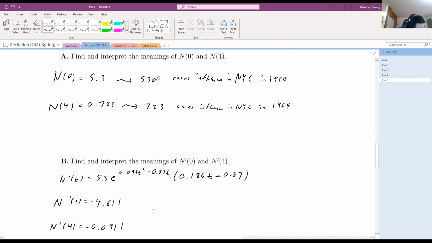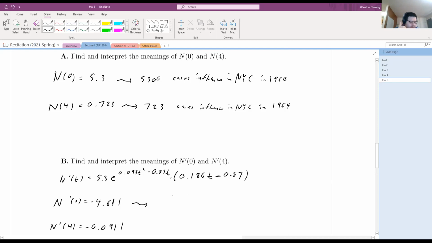I think I forgot to turn this into thousands. Understand that the units are thousands of cases of influenza, so when I turn this into words I still need to multiply by 1,000.